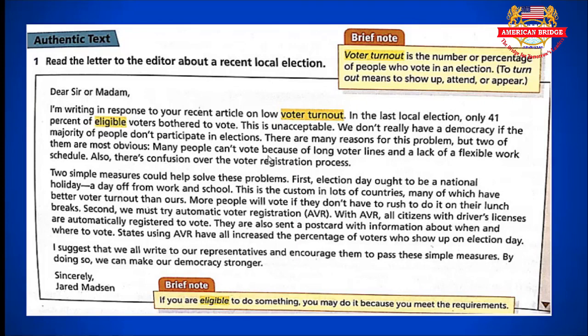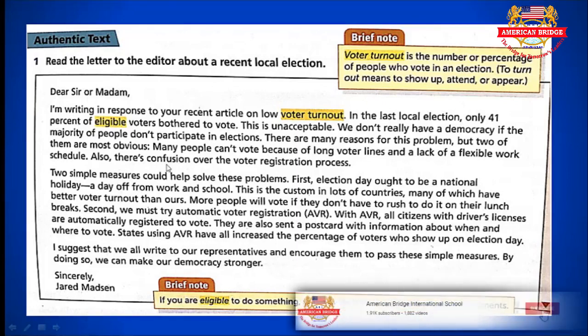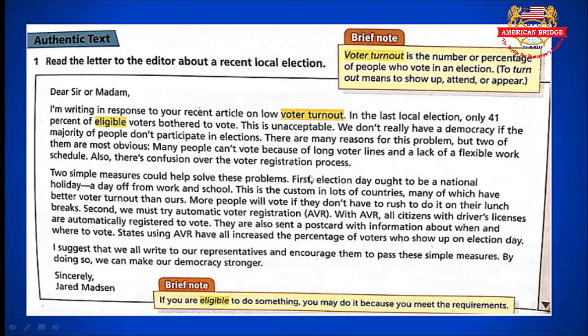This is unacceptable. We don't really have a democracy if the majority of people don't participate in the elections. There are many reasons for this problem, but two of them are most obvious. Many people can't vote because of long voter lines and a lack of flexible work schedules. Also, there's confusion over the voter registration process. Two simple measures could solve the problem.